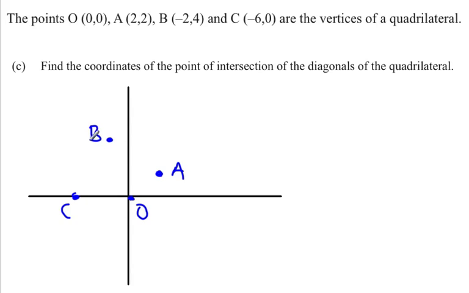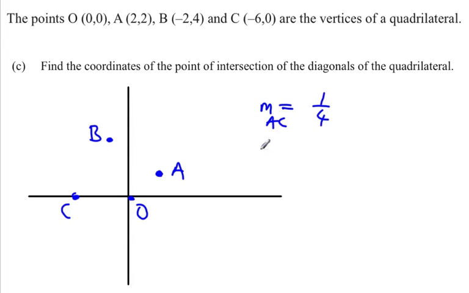We can't go back because I didn't write it down, so I'll quickly do the equation again. The gradient of A to C, this is part B, by the way, is 2 divided by 8.